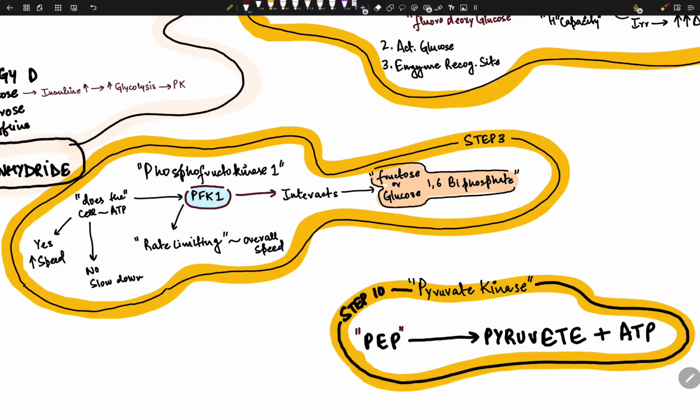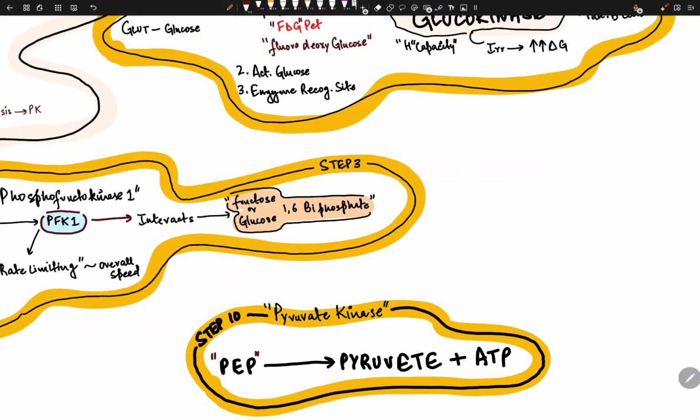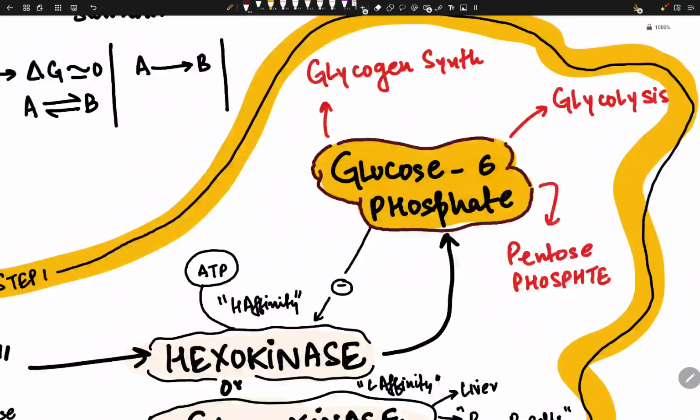It determines the overall speed of the whole reaction. So the committed step is blocked, most glycolytic flux stops, and glucose may be diverted to the pentose phosphate pathway or glycogen synthesis. We need PFK to say, hey, glucose 6-phosphate, go to glycolysis, okay?